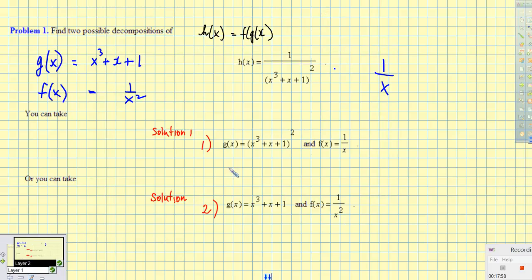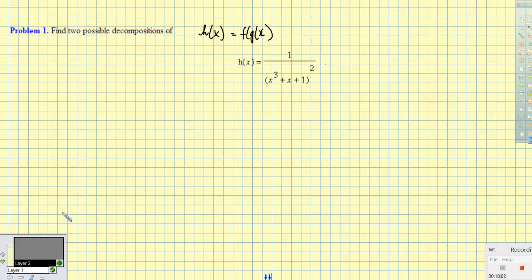Let's take a look at another example. So another example is where we are finding two possible decompositions. Let's look at one of them. One possible decomposition would be that since I'm doing f of g of x, that means that my g of x is going to be inserted inside of f of x.